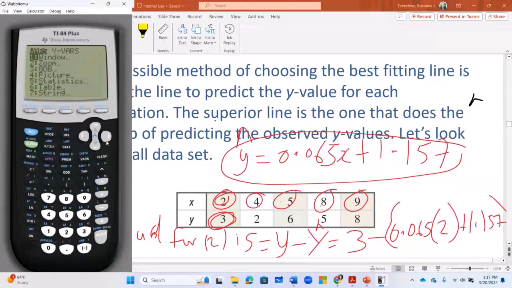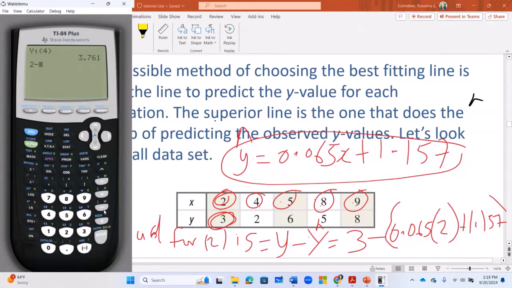Okay, first function y1, I want to substitute for wherever x is. So I hit enter. All right, so this is the predicted. So what is my observed? My observed is 2.